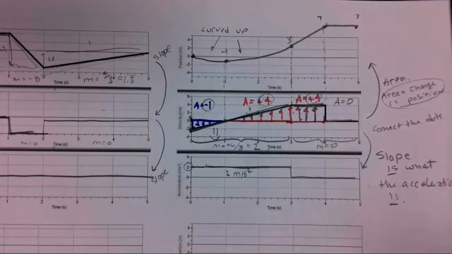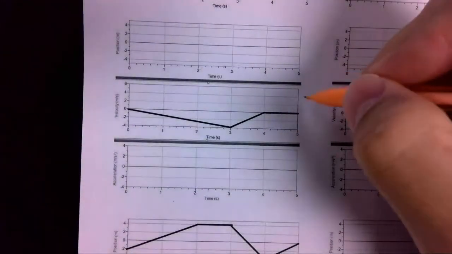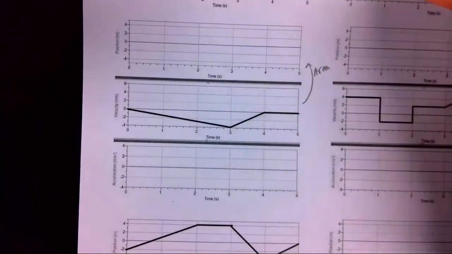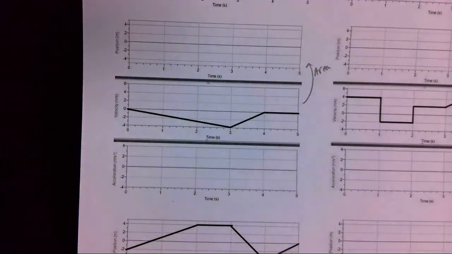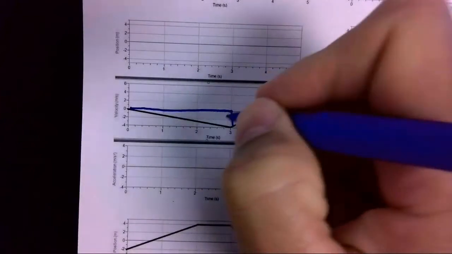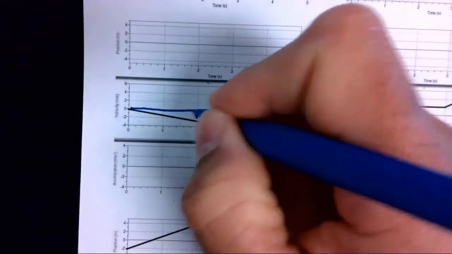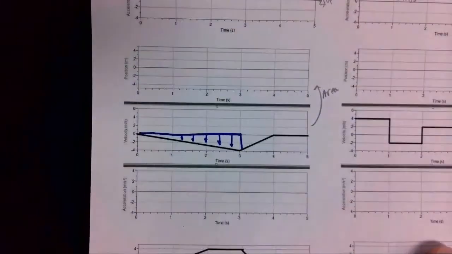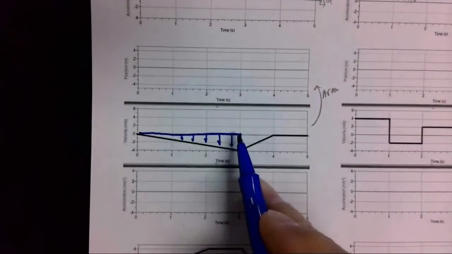All right, let's go down to the third one. Again, when I go from this graph to this graph, I'm going to use the area. So, get out my pens, and here is my first area. It's below the axis. It's a triangle. So that is base times height.